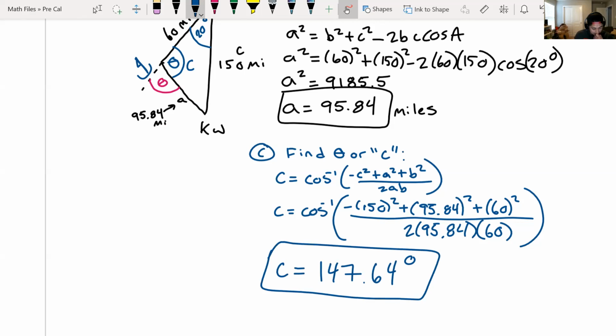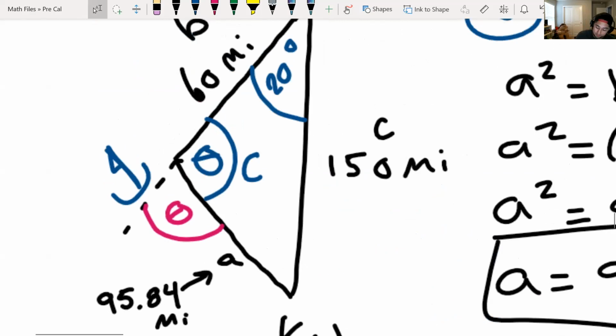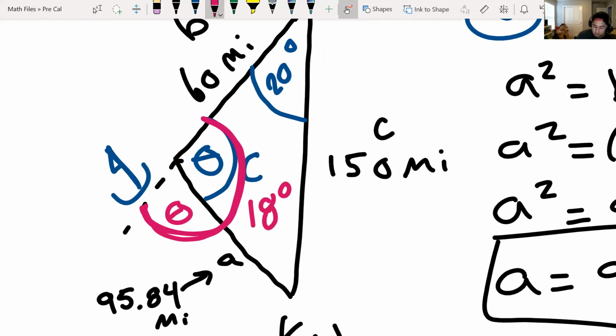Which means that we can now find our angle theta, the red angle, because these two angles, believe it or not, make how many degrees? These two angles make 180 degrees.